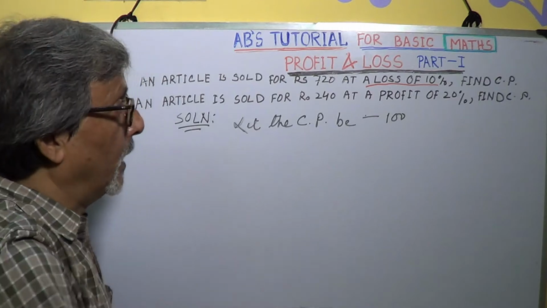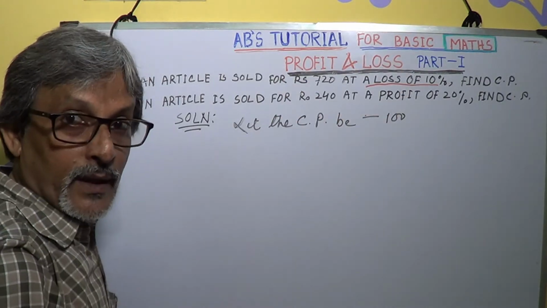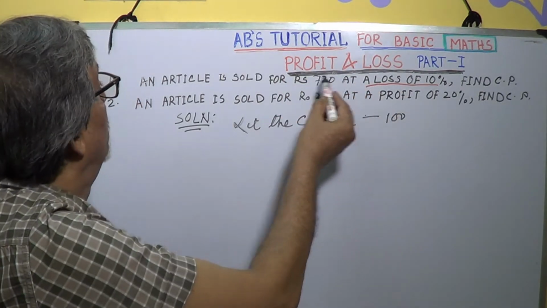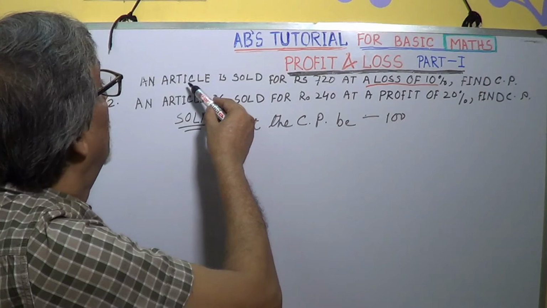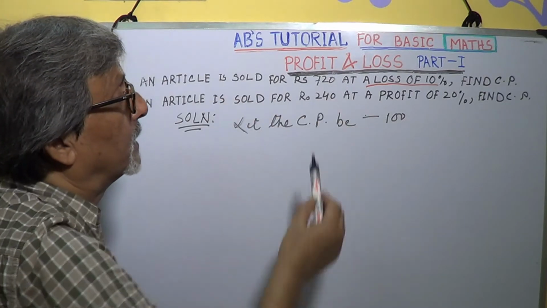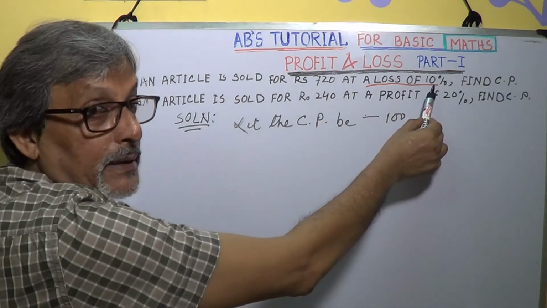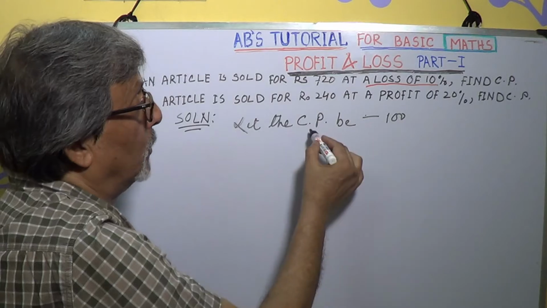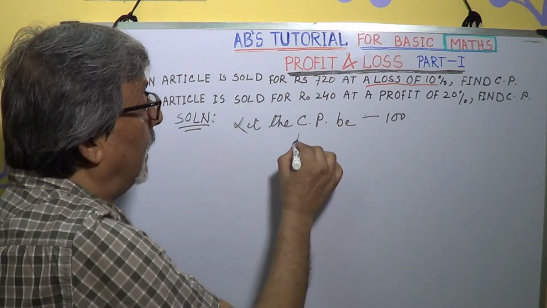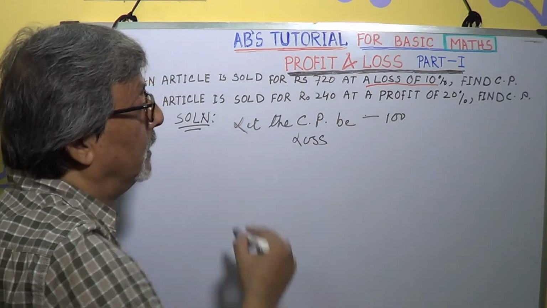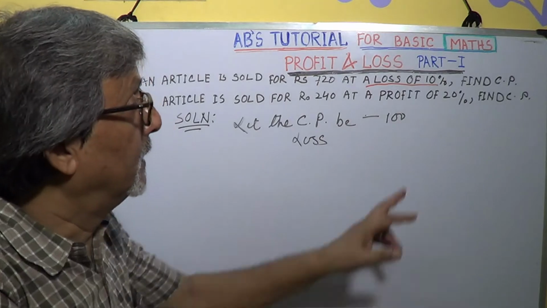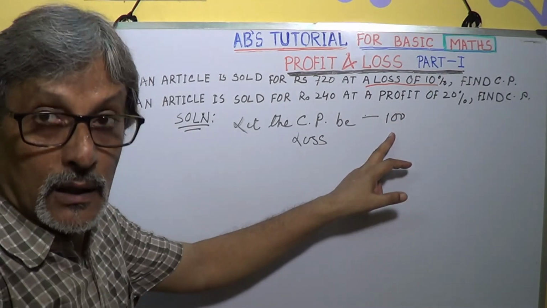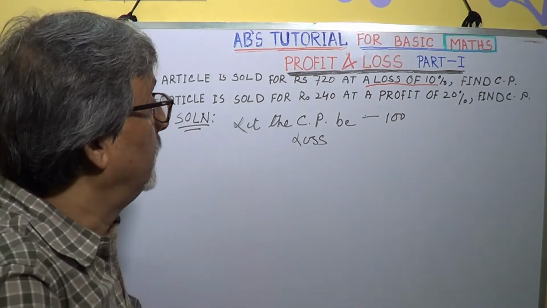Now according to the problem, the businessman has sold the article for rupees 720 at a loss of 10%. So let the cost price be 100, and as a loss has been incurred, it is rupees 10 in case of rupees 100 cost price.